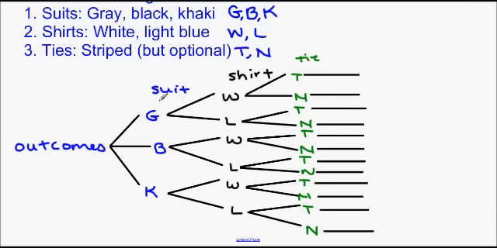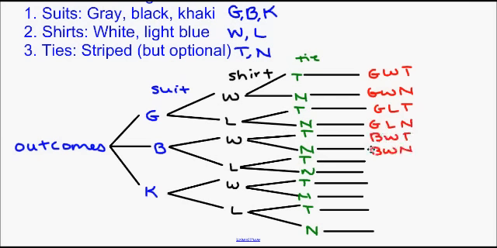So we're just going to go along here and trace. So he could wear gray with white and a tie. That would be G, W, T. Gray with white, no tie. Gray, light blue, tie. Gray, light blue, no tie. Okay. Black, white, tie. Black, white, no tie.